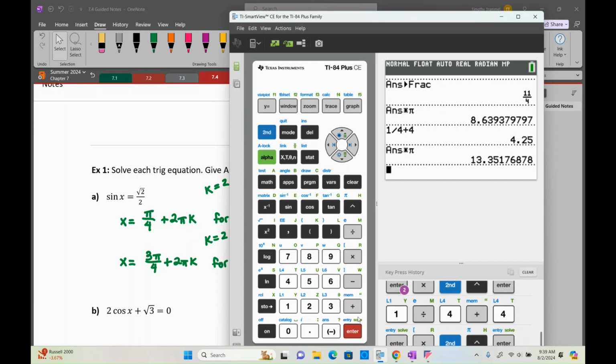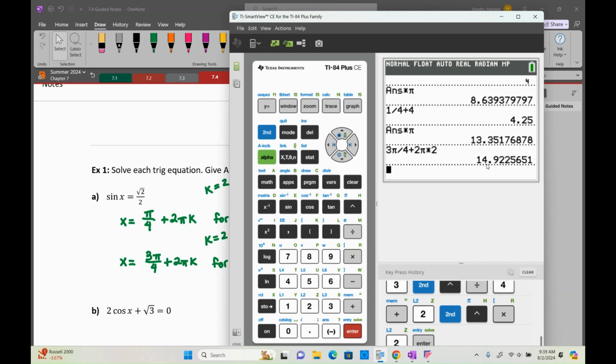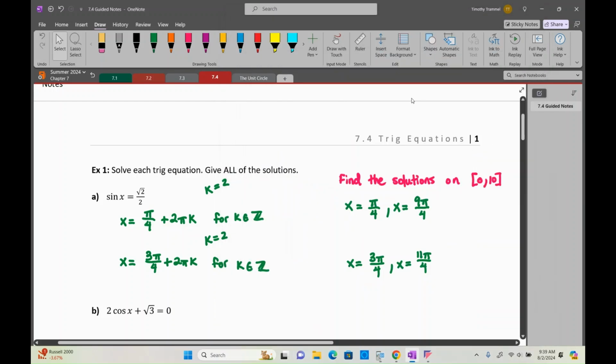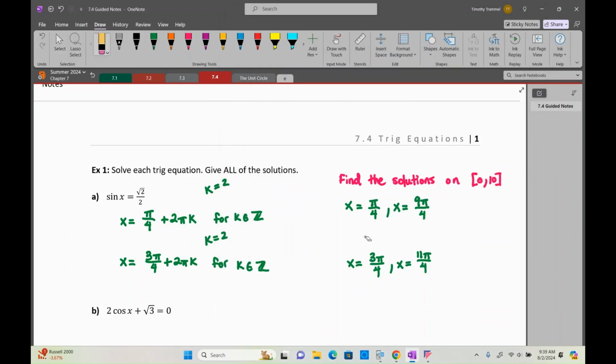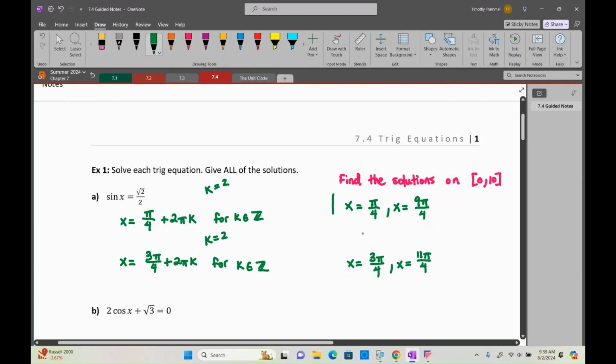And we can see now we are exceeding 10. Okay. And the same thing will happen if I try this with the 3 pi over 4. 3 pi over 4 plus 2 pi. And then if I let k be 2, then I need a times 2 here. And you can see that that's bigger than 10 as well. Okay. So if we were looking for the solutions on the interval from 0 to 10, these would be our 4.